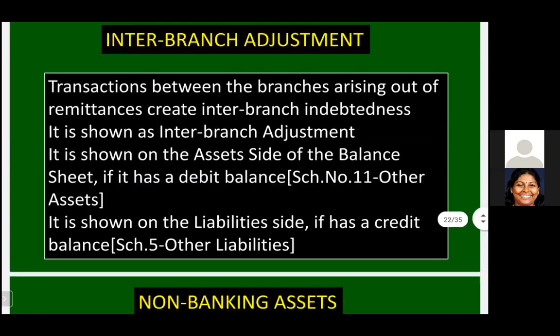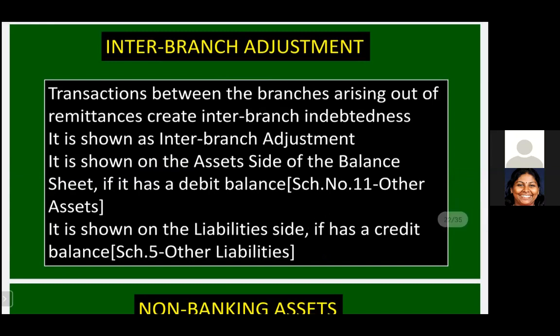Then, if inter-branch adjustments, or branch adjustment, or inter-office adjustments are given, you need to consider these adjustments in the balance sheet only. That is, transactions between the branches arising out of remittance create inter-branch indebtedness. It is shown as the inter-branch adjustment. It is shown on the asset side of the balance sheet if it has a debit balance.